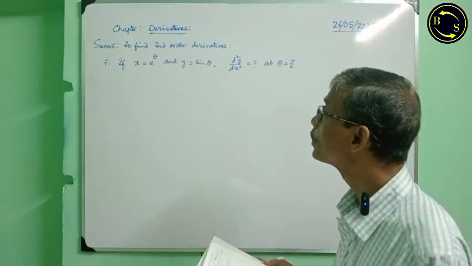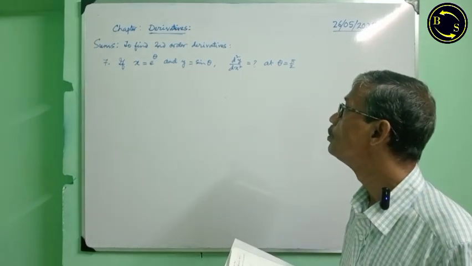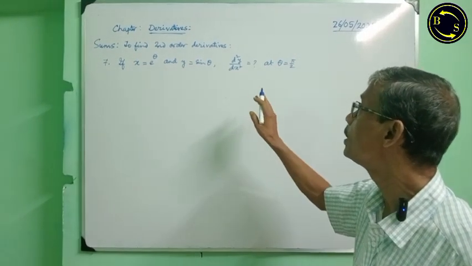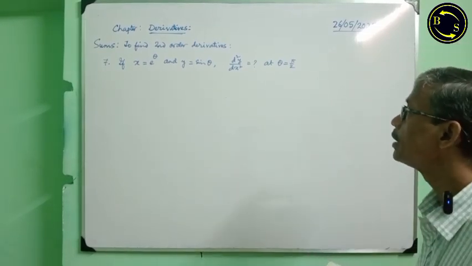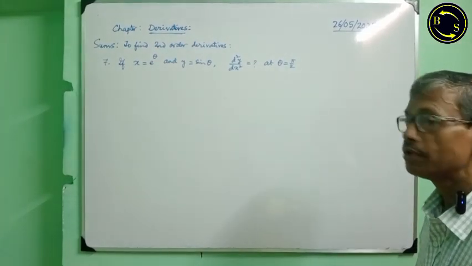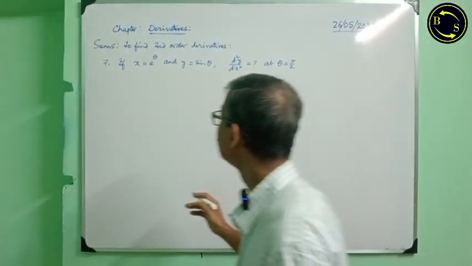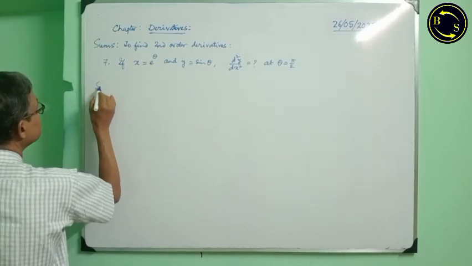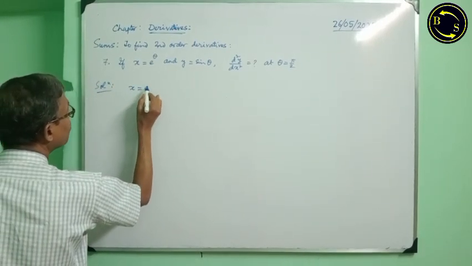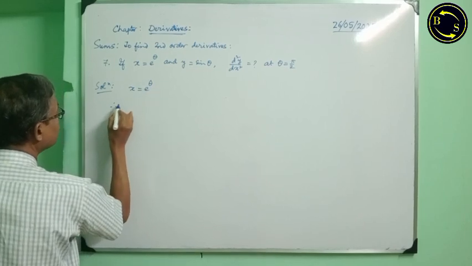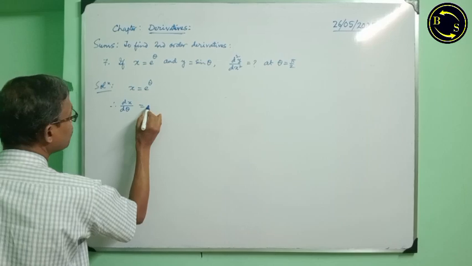Next sum is this: x equals e to the power theta and y equals sin theta. We have to find d²y/dx² at theta equals pi by 2. Now it is clear that this is in parametric form. Therefore, first we find dy/dx. x equals e to the power theta, therefore dx/dtheta equals e to the power theta.